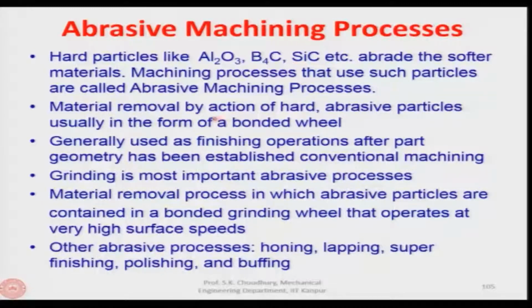Now, the material removal is by the action of hard abrasive particles, usually in the form of a bonded wheel. This is particularly in the case of grinding, generally used as a finishing operation, and in grinding there is material removal, but in other abrasive machining, for example in honing or lapping, the material removal is minimal, and it is basically used as a finishing operation, so that the surface finish can be enhanced.